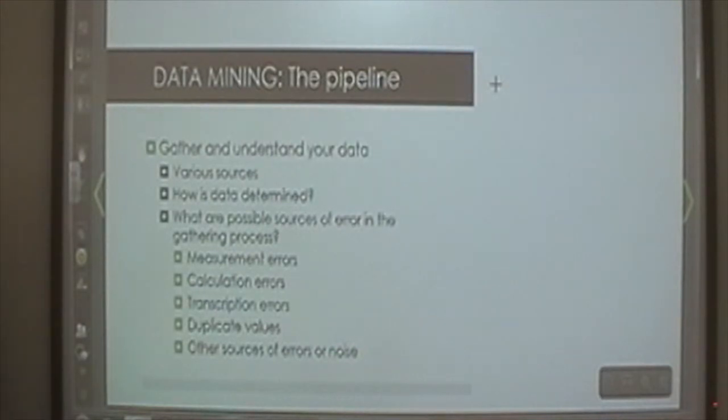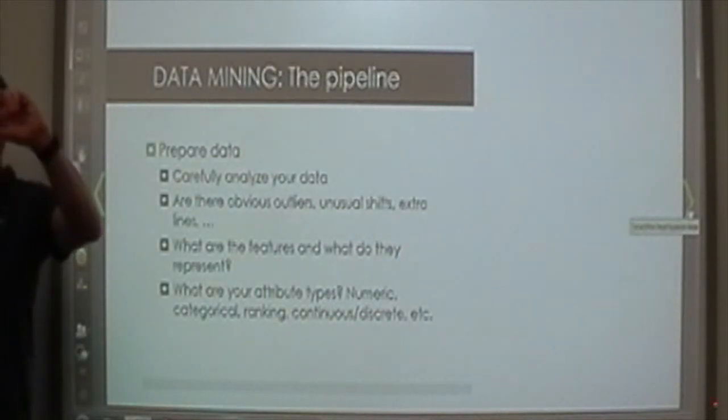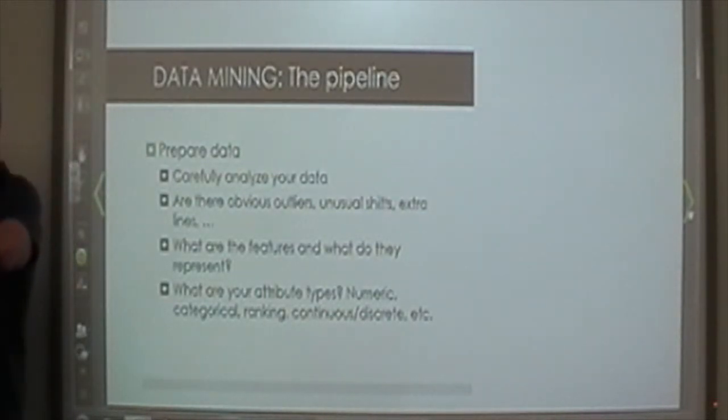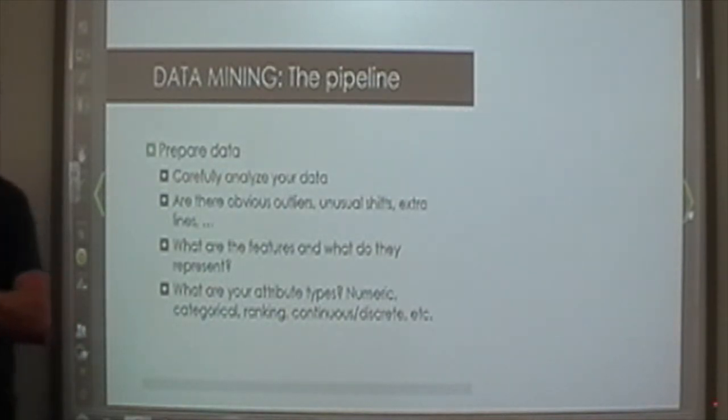So all of these are potential problems. Noise, duplicate values. So if you recall, and I really tried to stress this concept through the entire course, know your data. I don't know if you remember that. I kept coming back to it periodically.